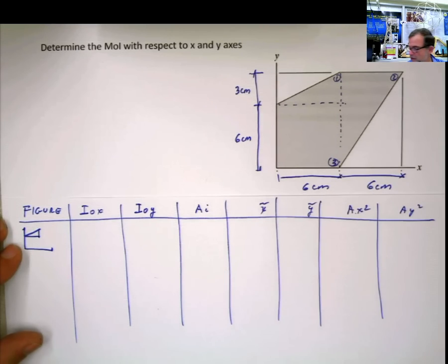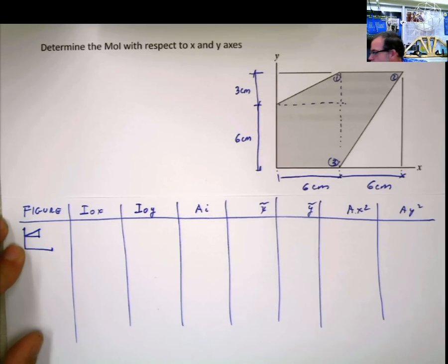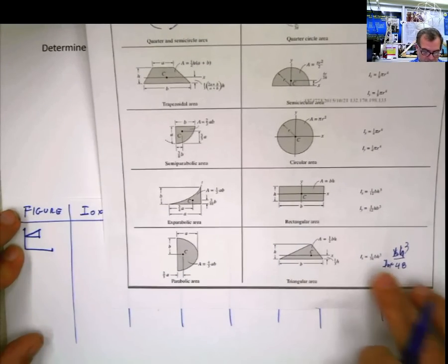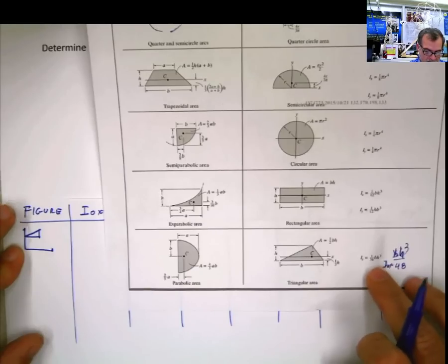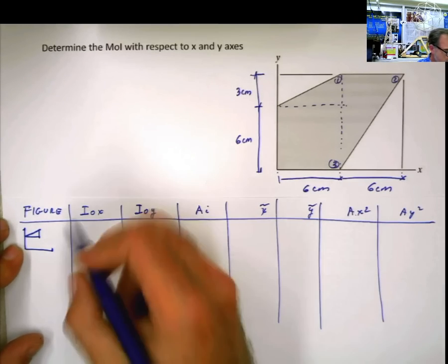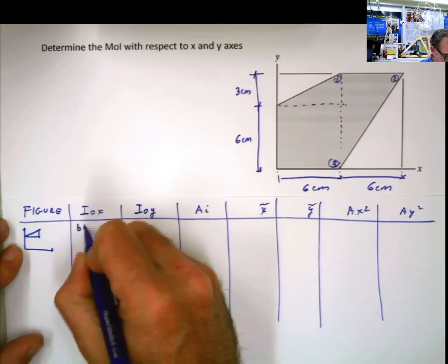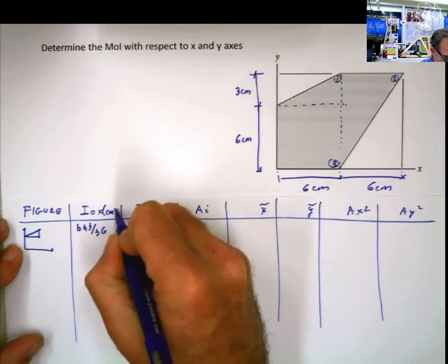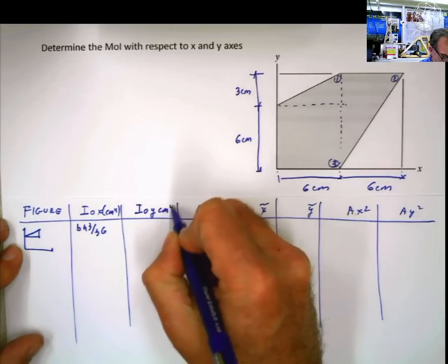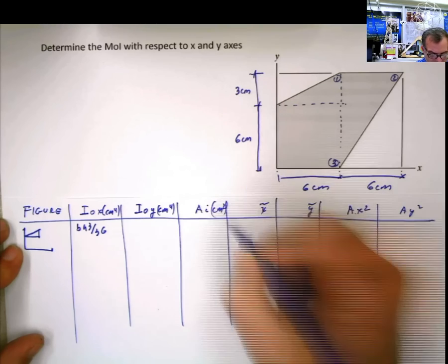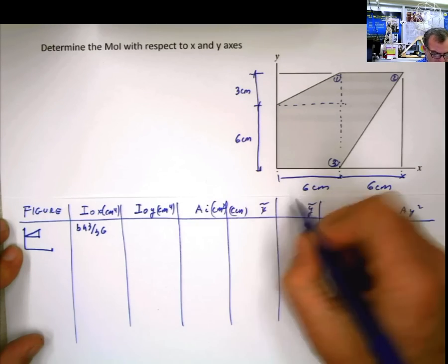and put my figure wherever it goes, because that way it's like a graphical cue of what I have to do. Moment of inertia with respect to the triangle, you should know it by memory right now, but when you have a triangular area, moment of inertia is 1/36 bh cubed. So this is bh cubed divided by 36. Remember to put the units, centimeters to the fourth for moment of inertia and centimeter squared for area, in that way you don't have to repeat it every time.